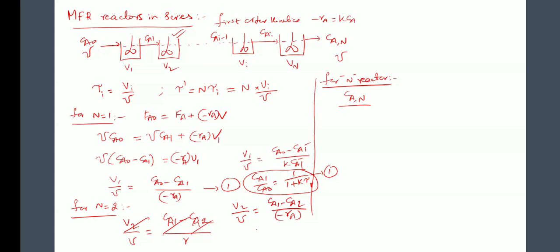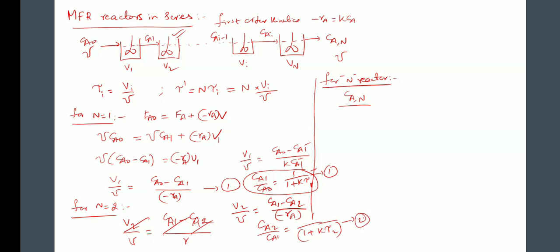Similarly, for the second reactor you will get Ca2 by Ca1, same as this, equal to 1 by 1 plus K tau 2. Tau 2 is for the second reactor, and that is your second equation.